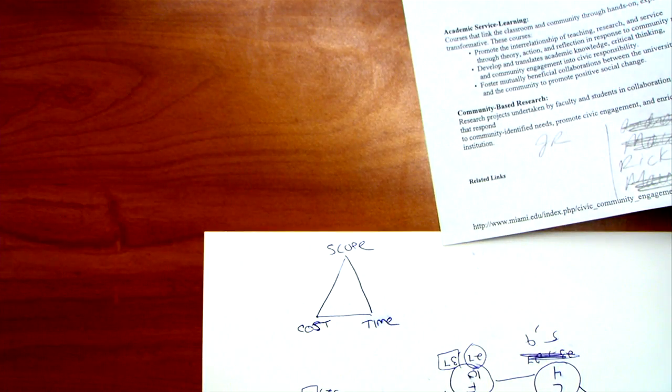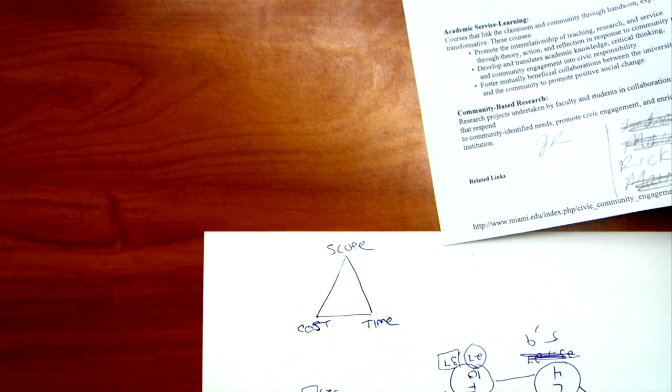And the reason it's called the iron triangle is because when you look at a project, if I want to reduce the time, compress it, what are my options? I can spend more money, increase the cost, or reduce the scope, like maybe not build as much or not do as much, right?